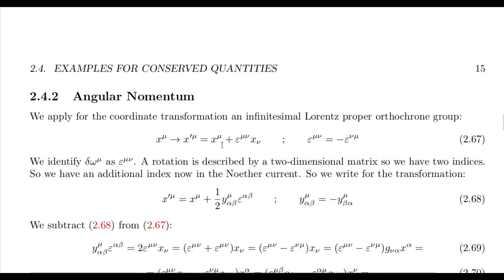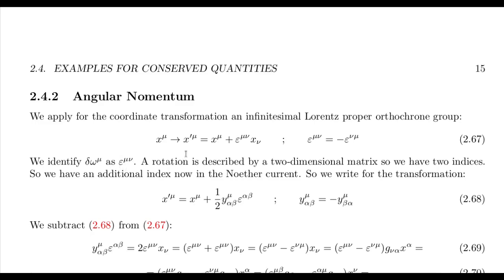And here we have epsilon. This is an antisymmetric tensor, so we have a minus if we exchange the two indices. And yeah, we identify now as the delta omega parameters here epsilon.